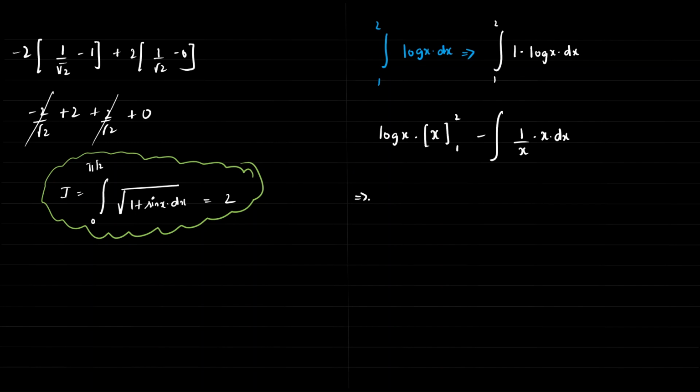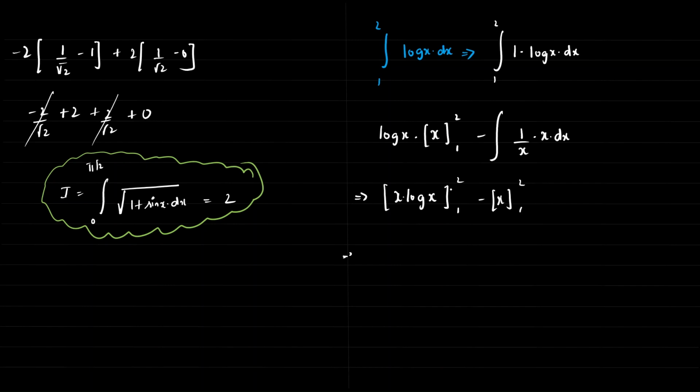So let me solve this further. It is going to be x log x, from 1 to 2, and minus, here the x and x will get cancelled out, so minus x, and here also it is from 1 to 2.